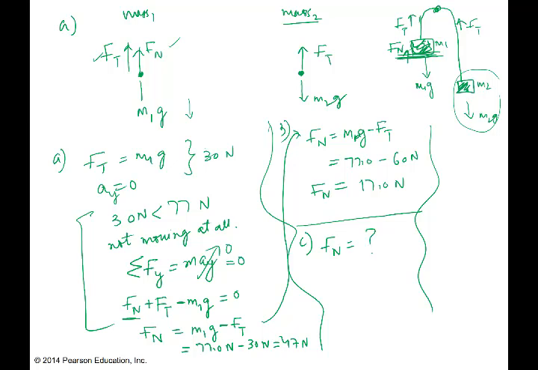So there is no way to calculate it now that it has lost contact with the surface. Fn will be 0. Although you would be tempted to replace this with 90, it's a conceptual fact. When the object is not in contact with the surface, its normal force is 0.